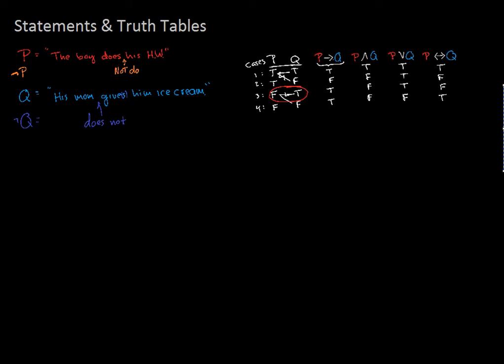All right, let's see. Let's do dark red. P implies Q, and that's equal to, we'll do dark purple, not P or Q. This was the tricky one.